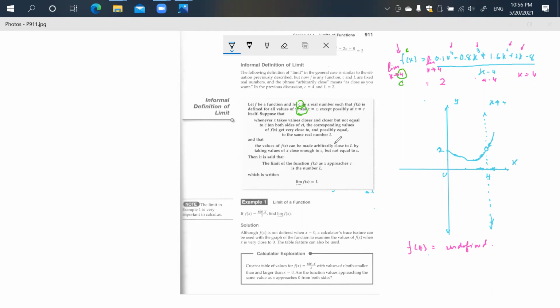From this definition, when you get the limit, then you see this, the limit of function f of x as x approaches c is a number L. So this L equals 2 from this answer. Okay, then we can write in the pattern of the limit. You can write down limit of function f of x when x approaches c equal to L. This is the pattern or the formula of writing a limit.